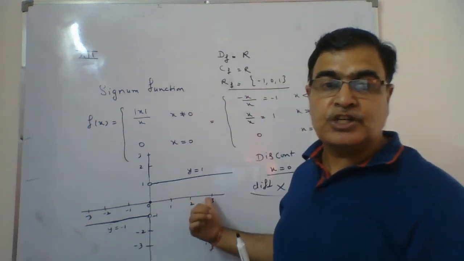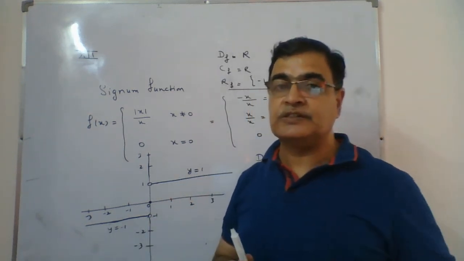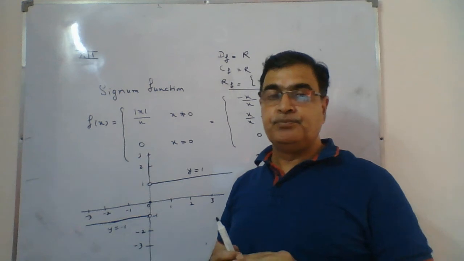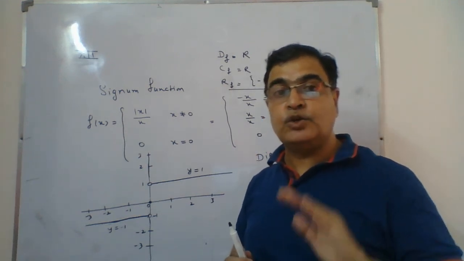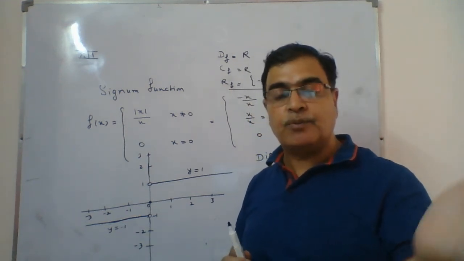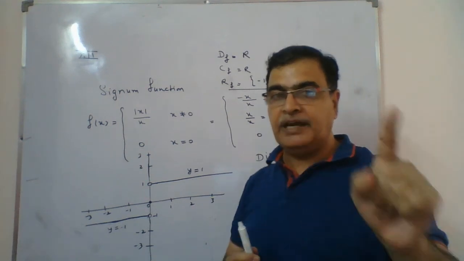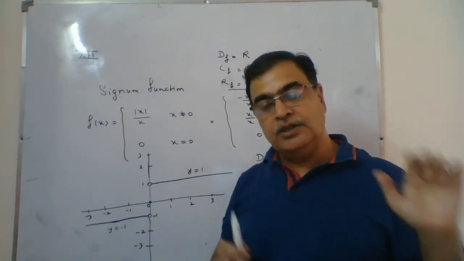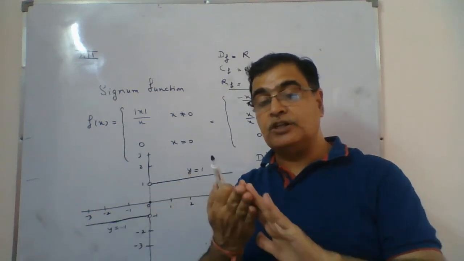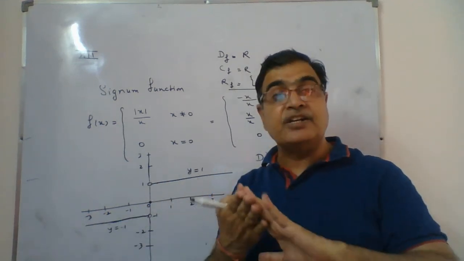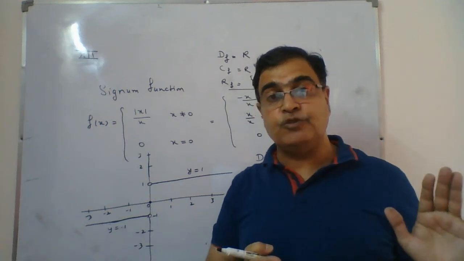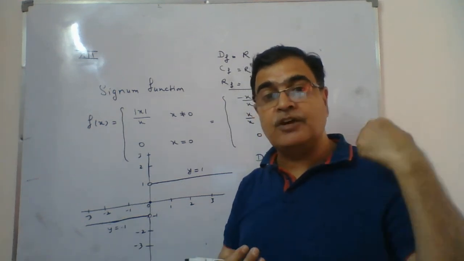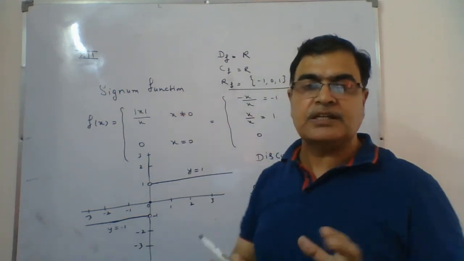Same way for the Signum function, it's not continuous, not differentiable. The modulus function is continuous everywhere but not differentiable at one corner point. Then the identity function and constant function are everywhere continuous and differentiable.